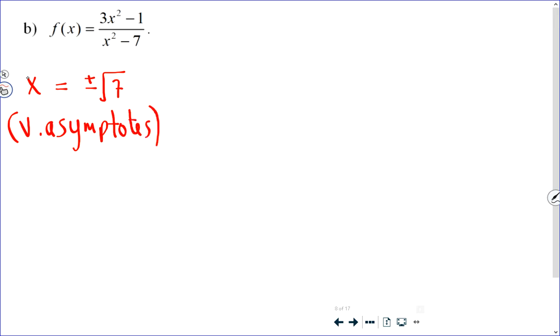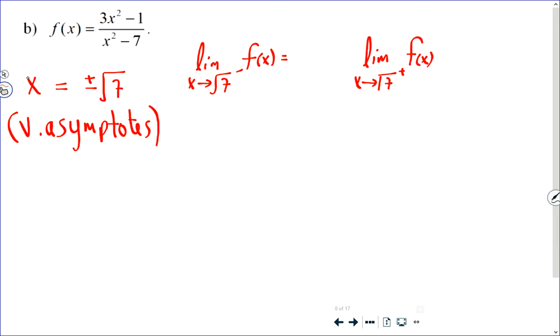Which means that we need to determine the limit as x approaches root 7 from the left of the function. And we need to determine the limit as x approaches root 7 from the right of the function.